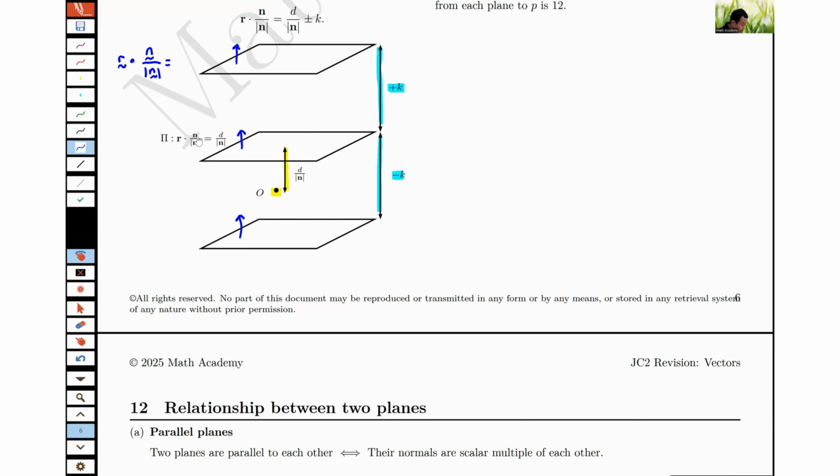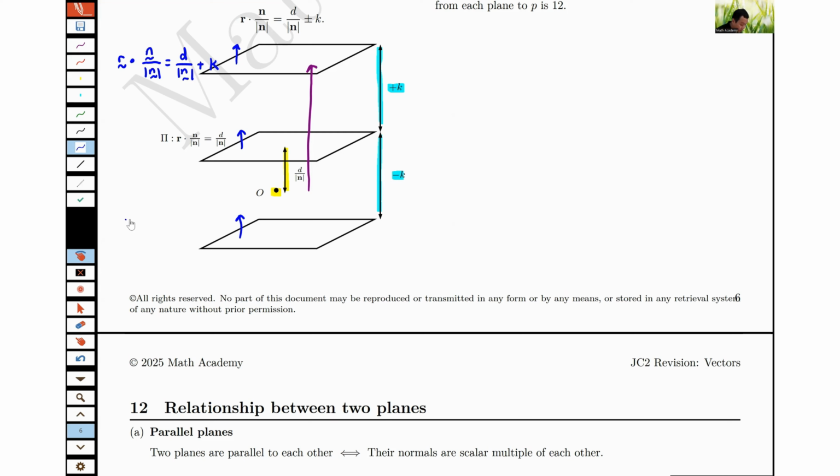The crucial concept to get the top plane equation is, what is the top plane's distance to origin? The top plane distance to origin will be d over mod n plus k. So the right-hand side of the top plane should be d over mod n plus k, because I've just shown you above that the right-hand side of the equation should be the distance to O.